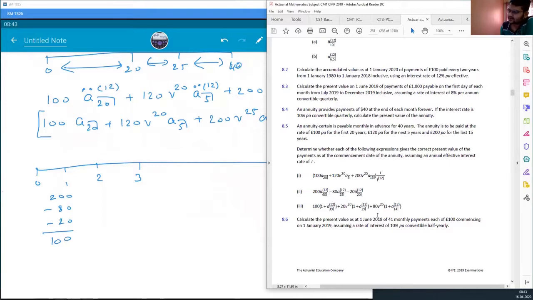This goes on for the first 20 years, because the 200 is going for the full 40 years. So here, when we go up to 20, 21 till 25, okay, actually 24, and this 19, okay. I will just write down these values.